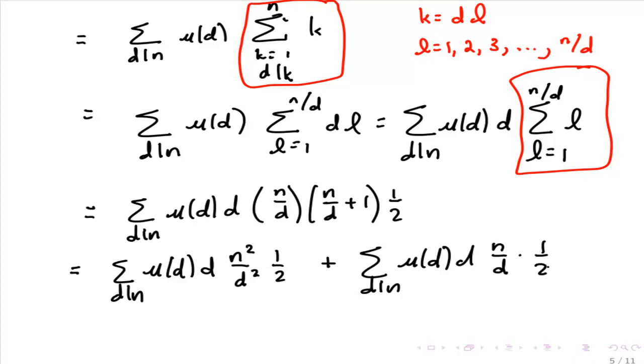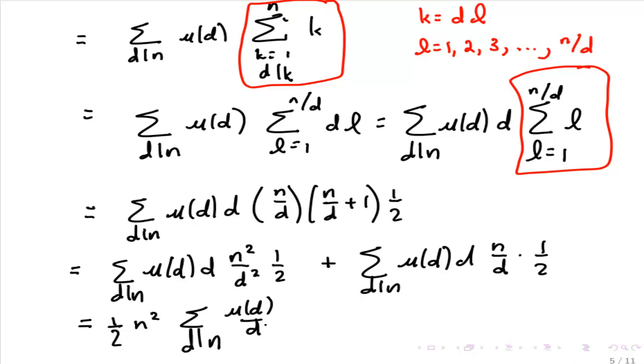Okay, and the first piece, we have a 1/2. N squared is a constant. I'll pull that out. And here we've got mu of D over D.